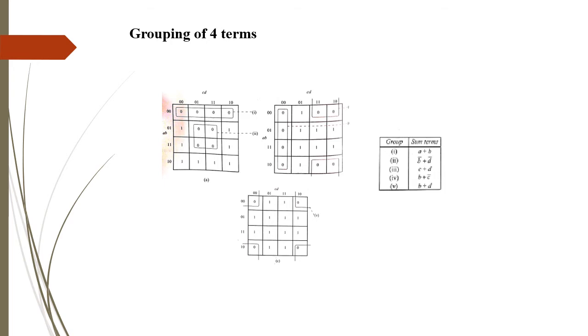In the same way, you can have grouping of 4 cells as you have done in case of product terms. Here also you can have the first grouping like this, or you can group in this way, only columns. If you group only columns, then you get only the column terms, that is CD. If you group only rows, then you get only the row terms.